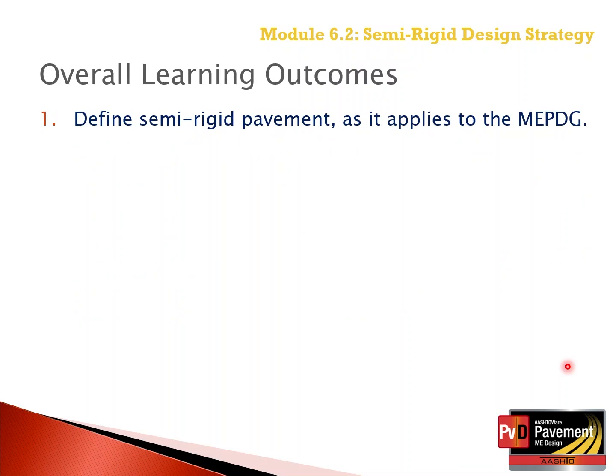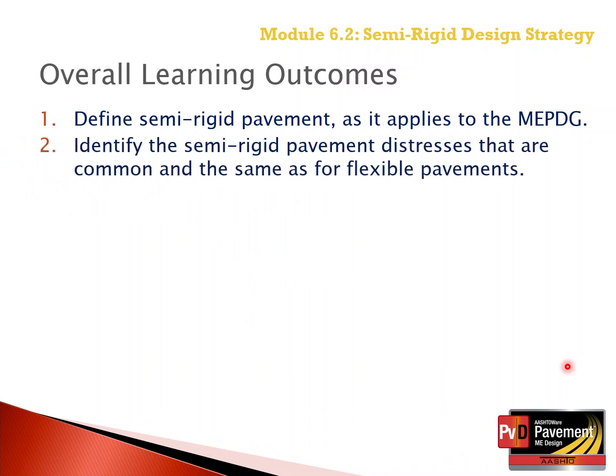And now just reviewing a summary of the overall learning outcomes from Module 6.1. So there were 6 learning outcomes. The first, we defined semi-rigid pavements as it applies to the MEPDG. We identified the semi-rigid pavement distresses that are common and are the same for flexible pavements.